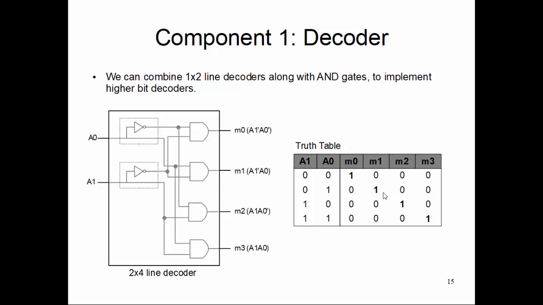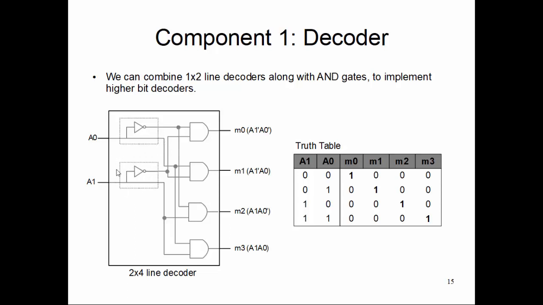How is it achieved? We can use a 1 to 2 line decoder. A 1 to 2 line decoder means it is 1 input, 2 outputs, and a 2 to 4 line decoder means it's 2 inputs, 4 outputs. So one 1 to 2 line decoder gives you A0 bar and A0, and another 1 to 2 line decoder gives you A1 bar and A1.